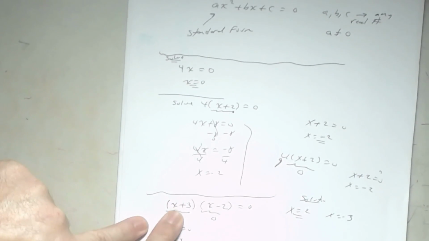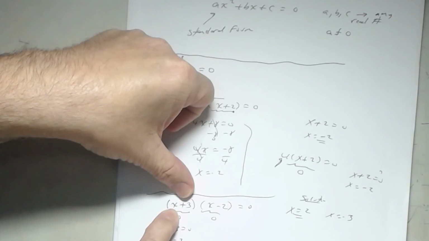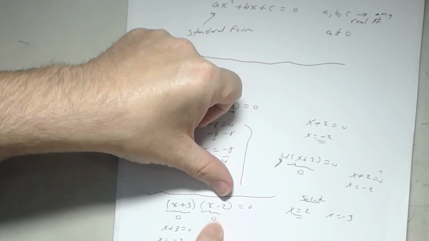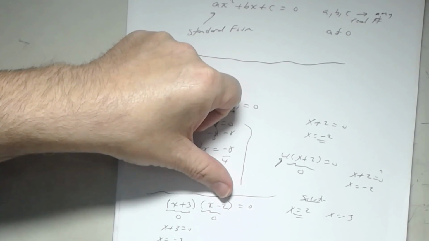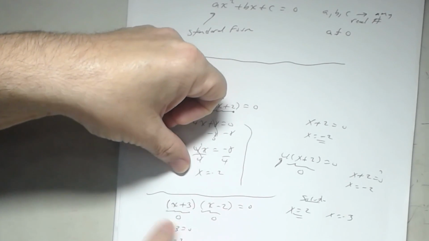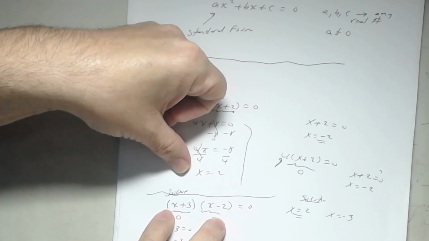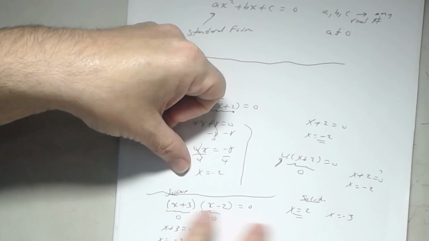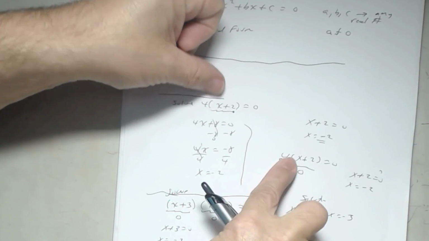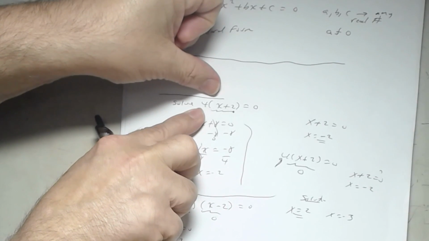So this can be 0 when x is -3, and this can be 0 when x is 2. So when you solved this equation, how many solutions? 2. This equation right here had how many solutions? 1.